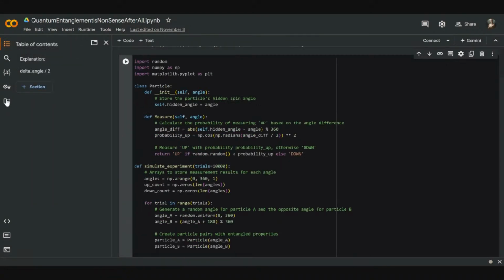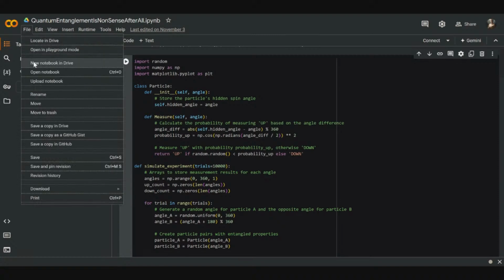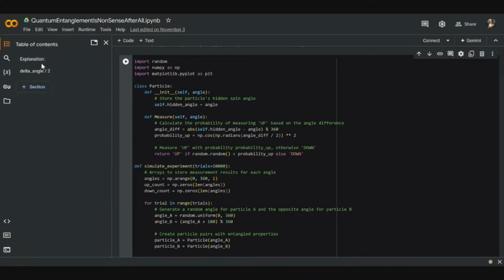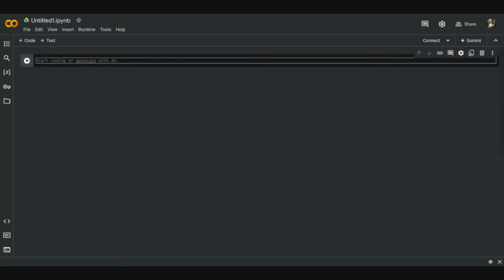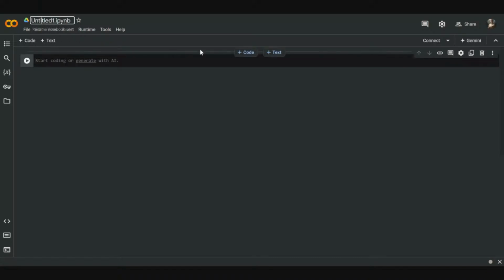I don't know how to use this. File. Okay, new notebook, whatever. Waiting. Okay, so the name is going to be Quantum Entanglement Is Still Utter Nonsense.